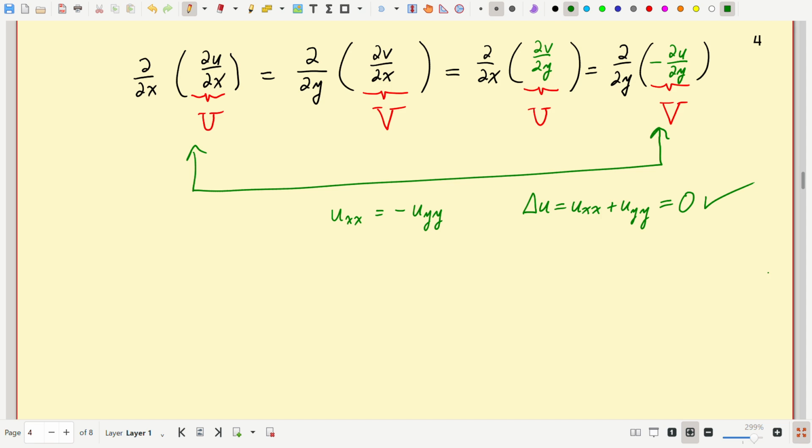And so I would repeat it for the other Cauchy-Riemann equation. I'm not going to dwell on this. Repeat for the d by dy part. Let's see, that would be d by dy, let me write it out fast, of du by dx. That's one way to write the u.